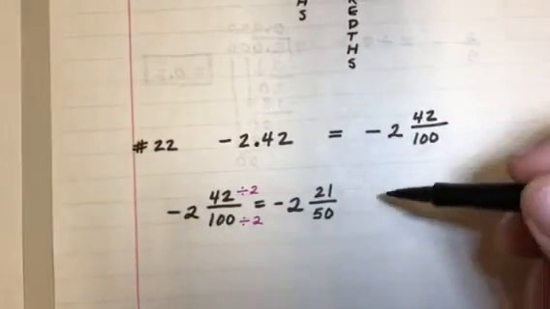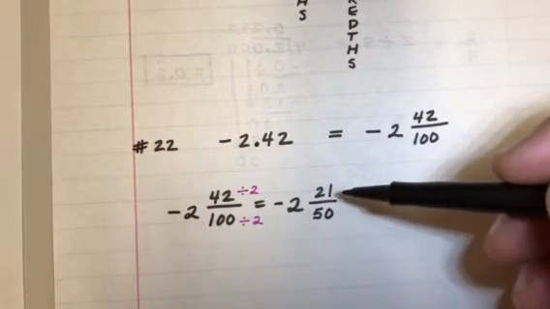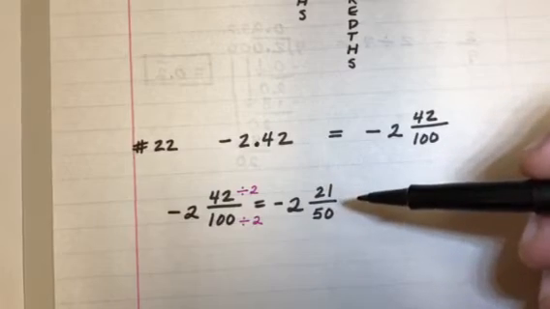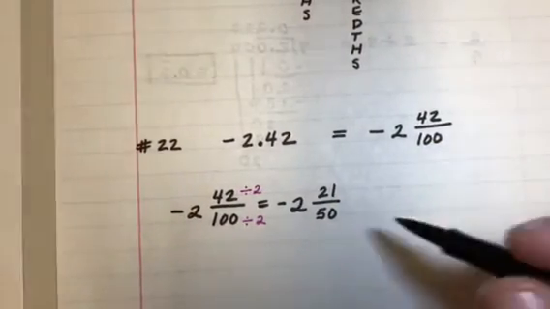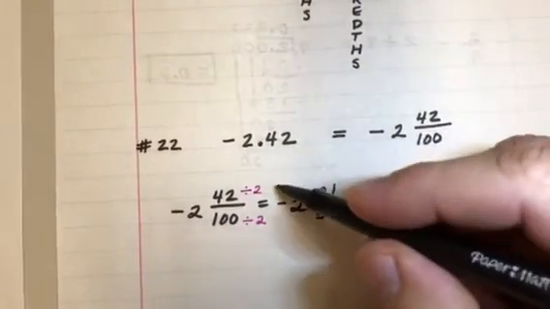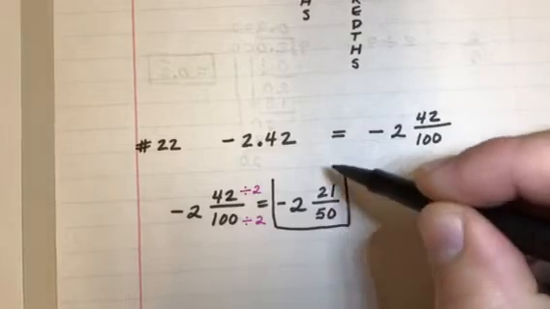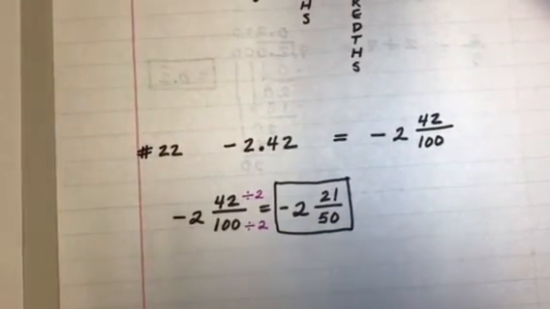So I can't do anything. I can't divide them both by 2. I can't divide them both by 3. I can't divide them both by any number. So that is my simplest term. So it's still negative. I left the whole number alone, just like I left it alone up here. It is a negative fraction now, -21 over 50. Okay? So there's 3 examples for you.